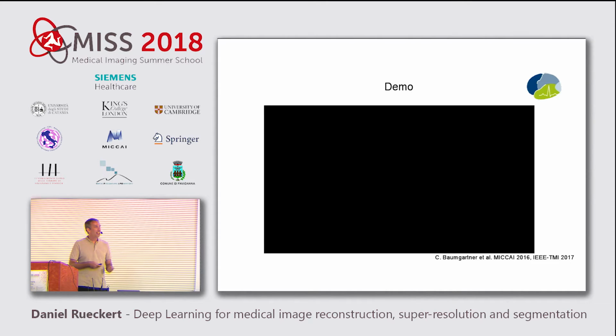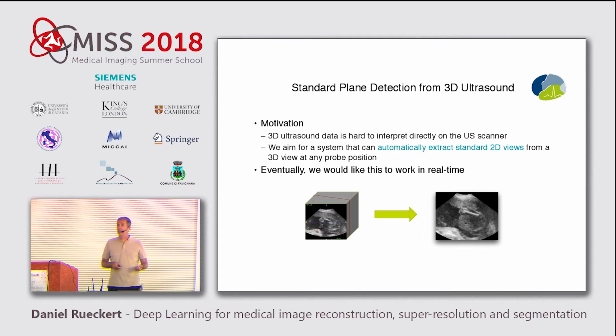And I think this is quite a nice example which shows you that if you have a lot of training data, you can really solve these problems very well. Now, why is this also a useful problem to solve? Nowadays a lot of people use not only 2D ultrasound, but also 3D ultrasound. If you have a 3D ultrasound probe, that's great, but the sonographer no longer sees all the data because you're acquiring a 3D volume.